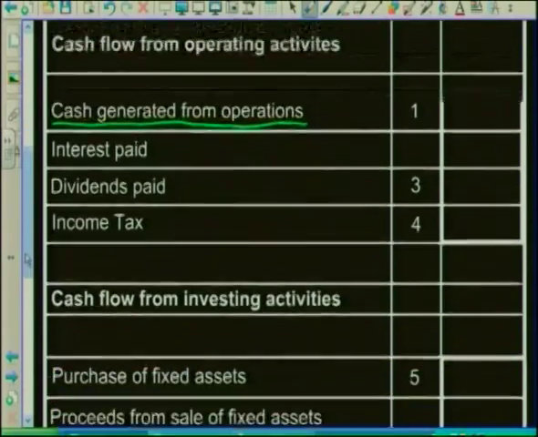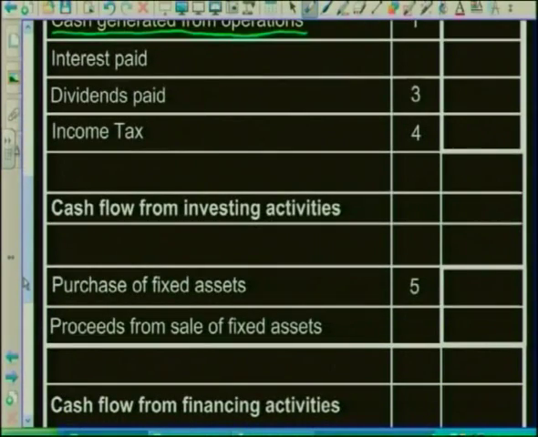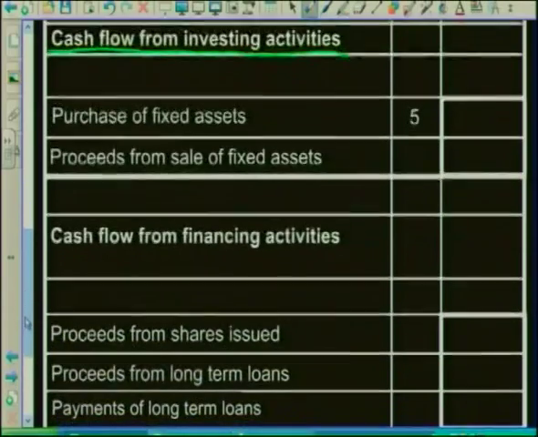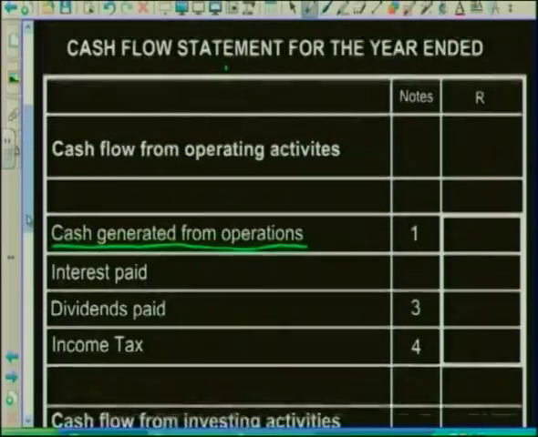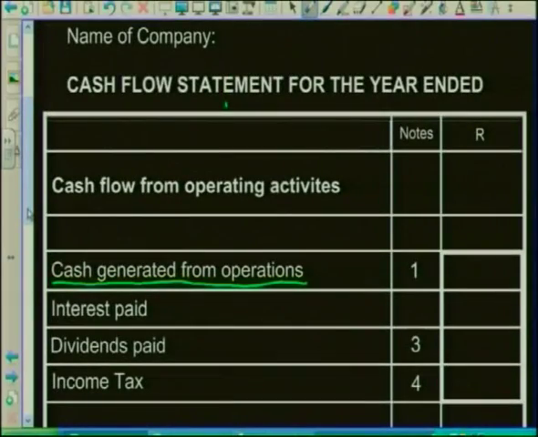Thereafter, we're going to be completing cash flow from investing activities. And then finally, we're going to be looking at cash flow from financing activities. So those are our three main sections. Let's now start with the very first section, cash generated from operations.